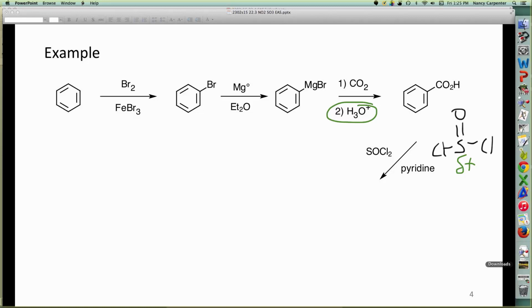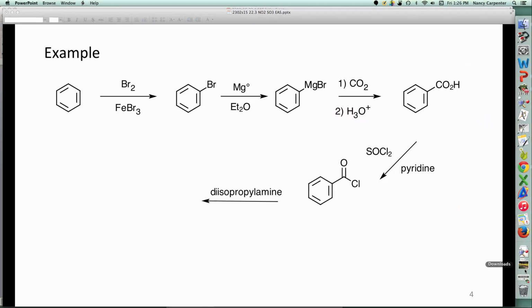Okay, so we know we got ourselves a nucleophile here. Up, down, out. That makes a sulfonyl ester, but I got Cl minus floating around, so that kicks that out. And bottom line is I make the acid chloride.